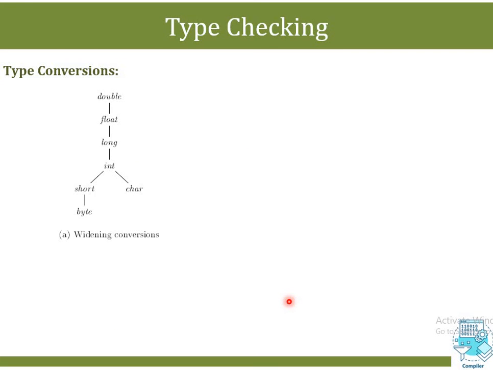So this is the hierarchy of widening conversions. We have to move from bottom to top. When you convert the value from byte to short, short to int, int to long, long to float, and float to double, there will not be any loss. So this conversion is called widening conversion. When you convert from top to bottom, that is called narrowing conversion.